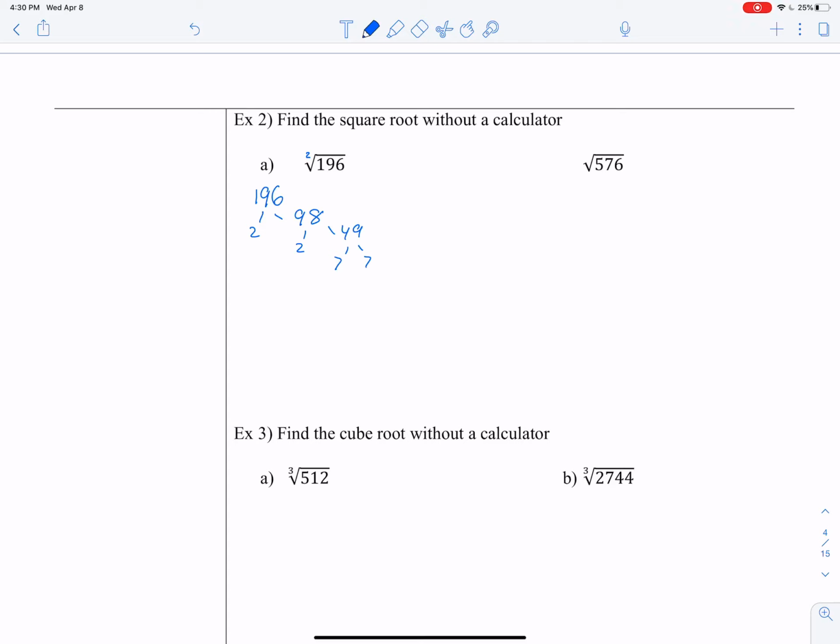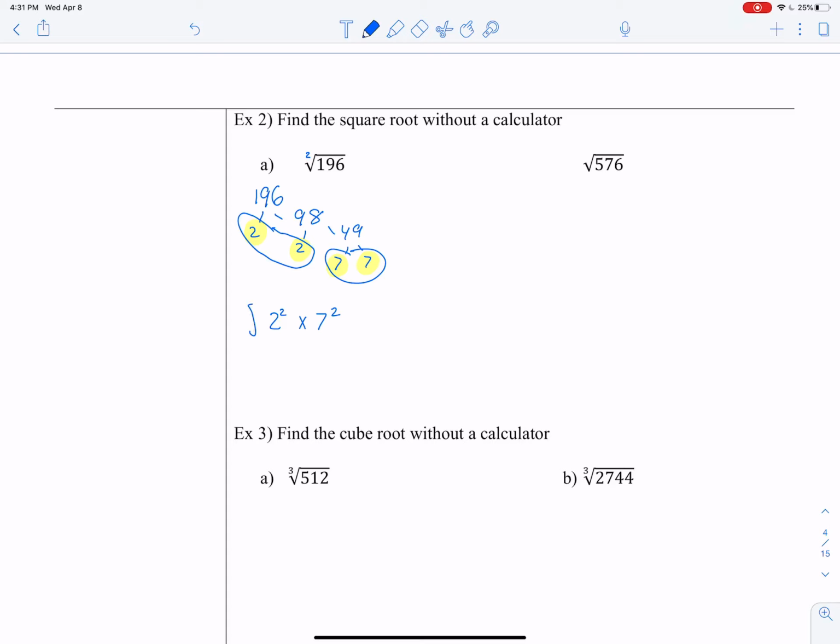So remember with these questions, what I'm doing is I'm looking for identical numbers that match my index. So here I want identical pairs of 2. Okay. And I'm then going to write this pair is going to become 2 squared. And this pair is going to become 7 squared.